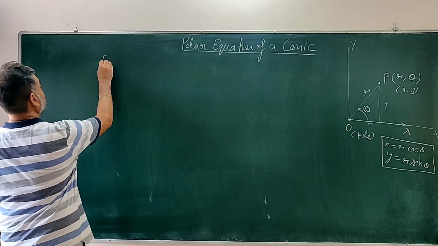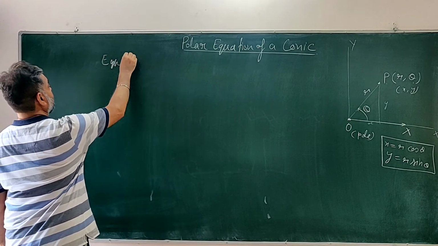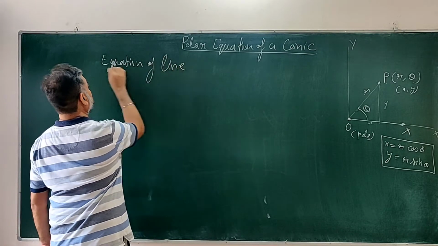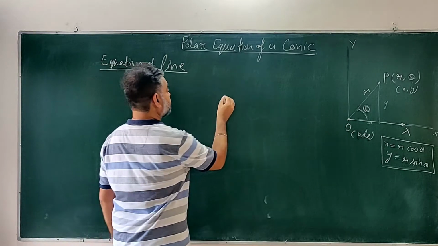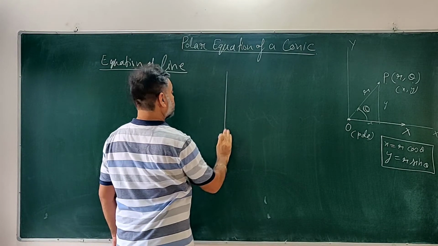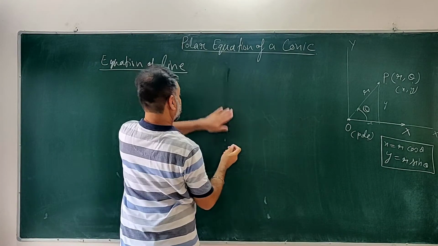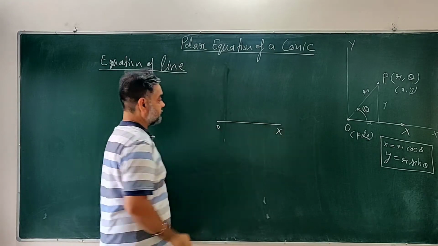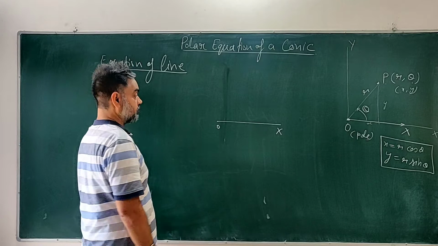Equation of a line in polar coordinates. Suppose you have initial point O and initial line OX.